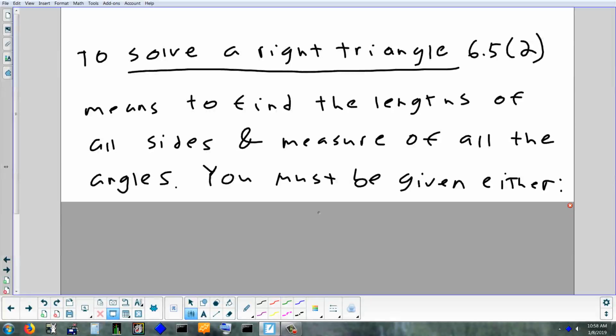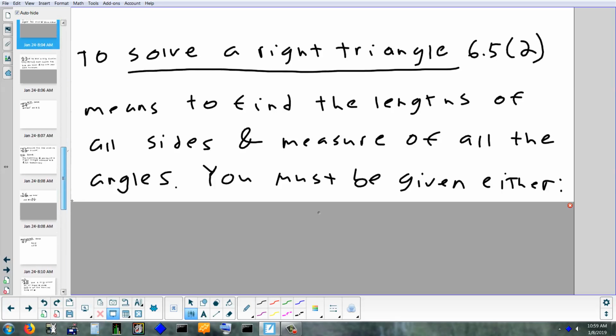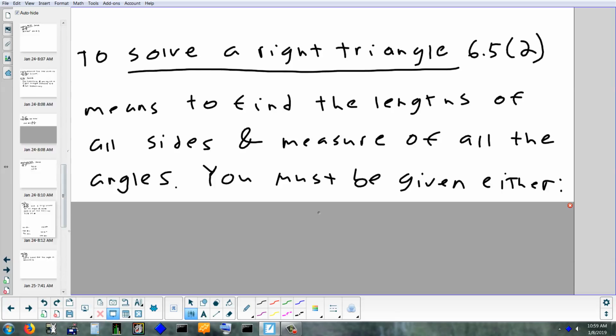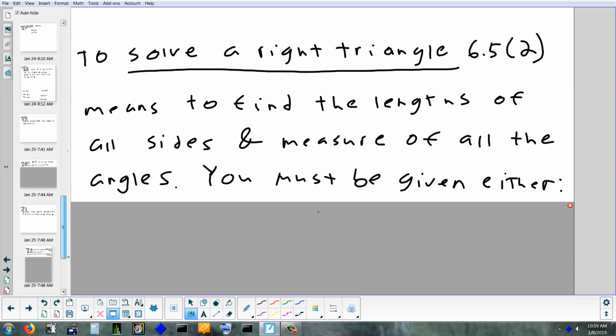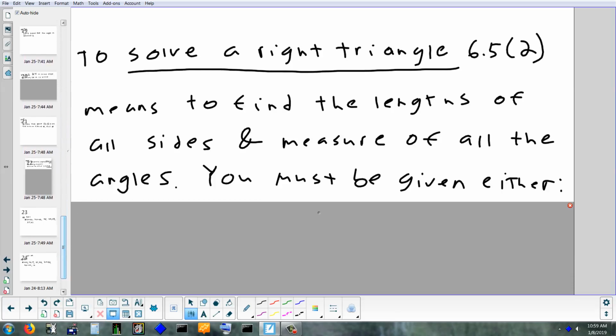So there's a couple of different things we're going to look at today. We're going to look at solving right triangles, so we'll practice a little bit of that. And then the second thing we're going to look at is a little bit with coordinates, all right?